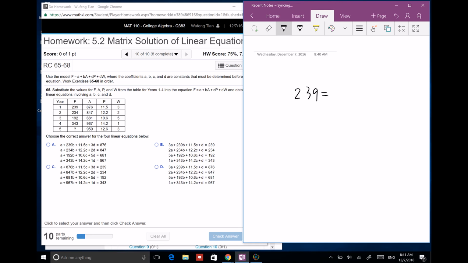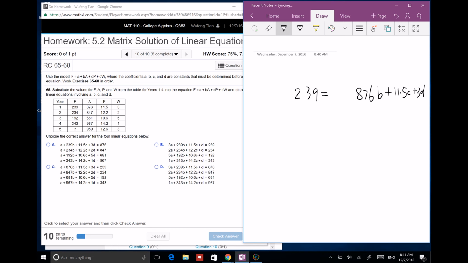B times A, which is 876 times B, plus 11.5 times C. Plus D times W, plus 3D.